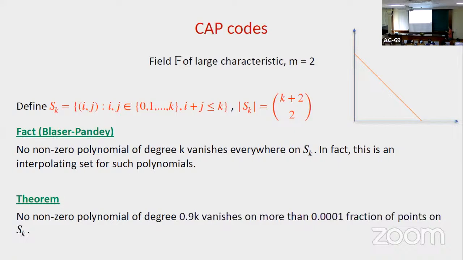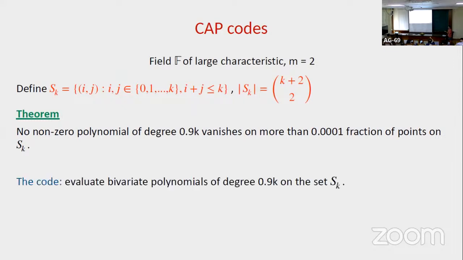But what we show is that instead of evaluating a polynomial of degree k on S_k, if you evaluate a polynomial of degree 0.9k on S_k, a constant fraction less than k, then you will actually see a lot of non-zeros. You will see roughly 10 to the minus 3 fraction of non-zeros. So this is the first construction.